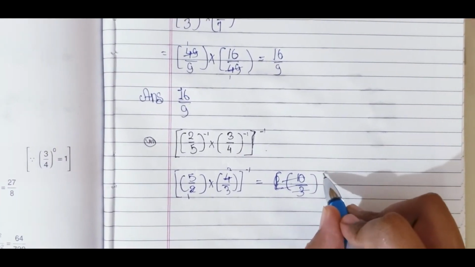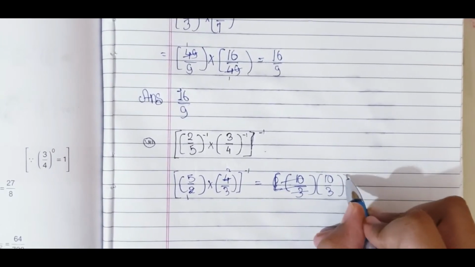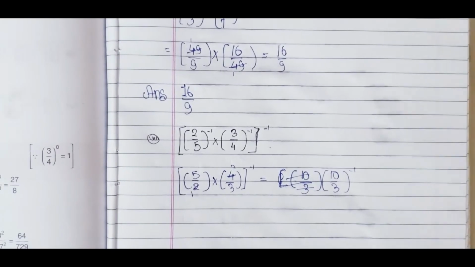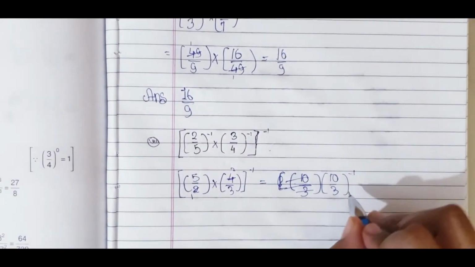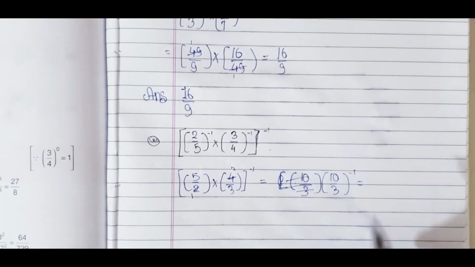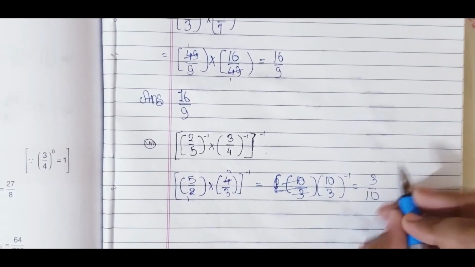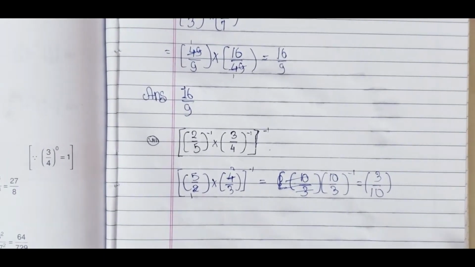We were doing it correctly. Now a negative power is not accepted in the answer, so this will be reciprocal and become positive. The reciprocal of 10 by 3 is 3 by 10, and there is no need to write 1. So guys, this is our answer.